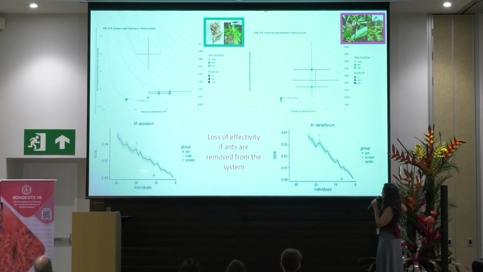So for ants, if we remove the ants quickly, the effectiveness goes down. And in this case here, if we also remove the ants, the effectiveness goes down as well. So this tells us about this loss of effectiveness when we lose the ants from the system.